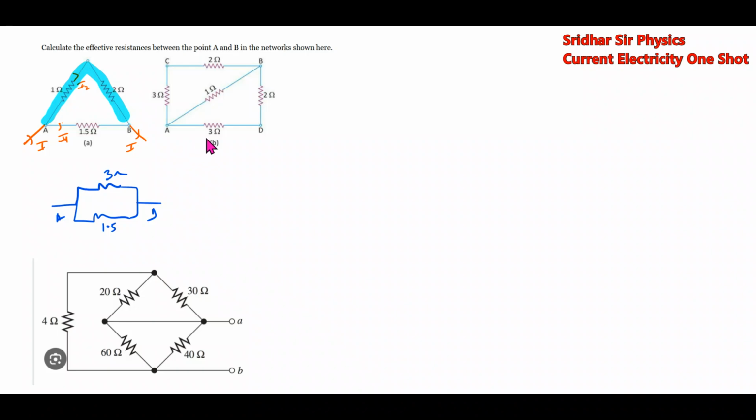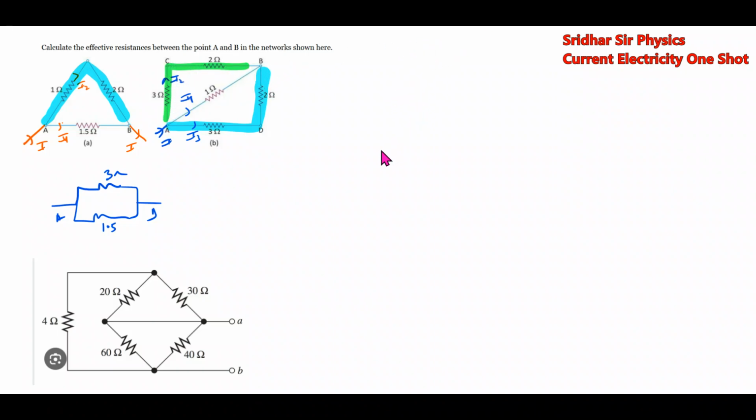Similarly, we have to calculate between points A and B. So current will enter here. Here I1, I2, and I3. These two are in series, these two are in series, and the effective is in parallel.